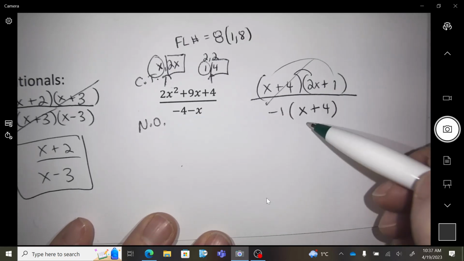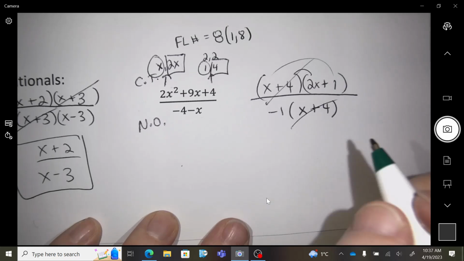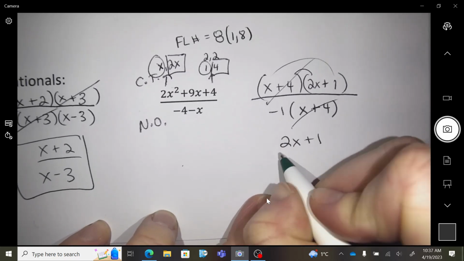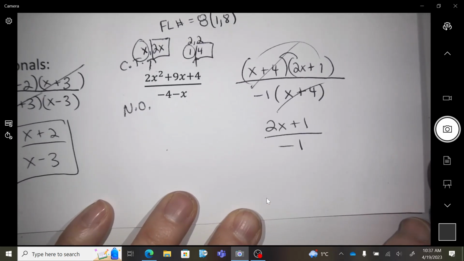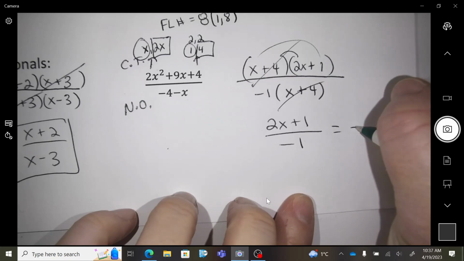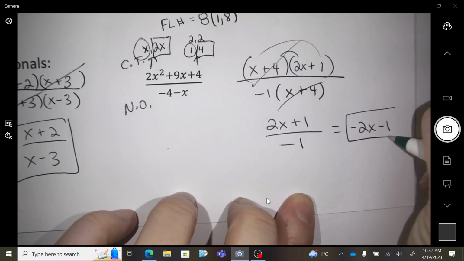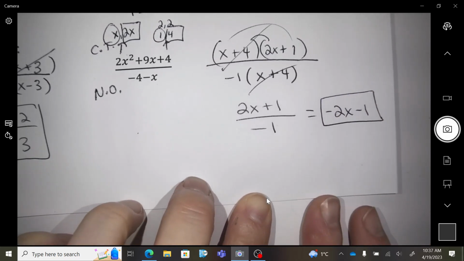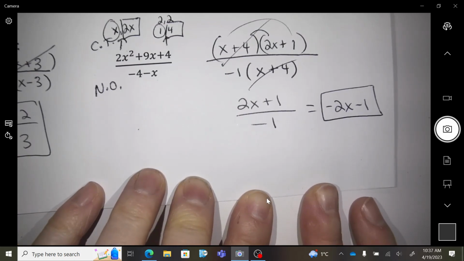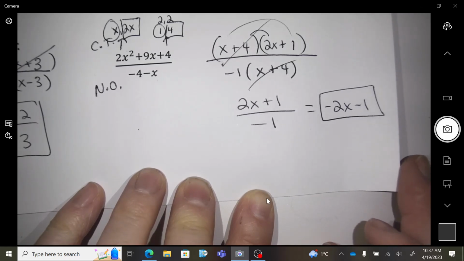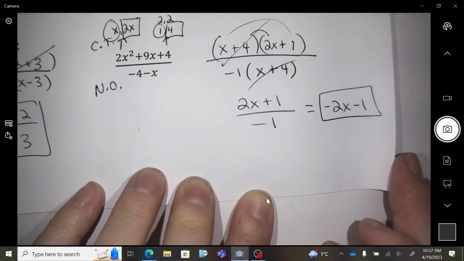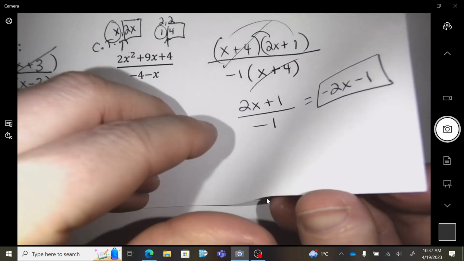Now, x plus 4 can go away. Yeah. I kind of like these are clean too.